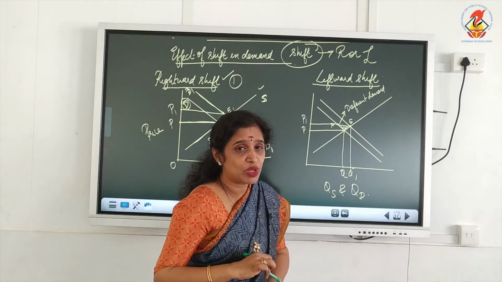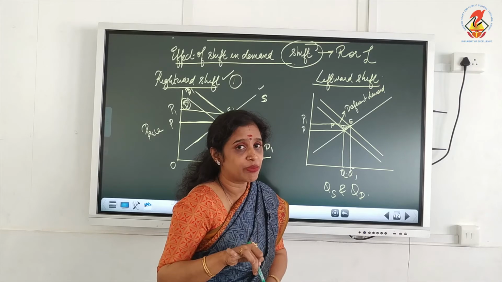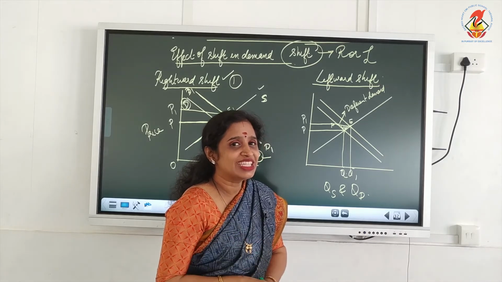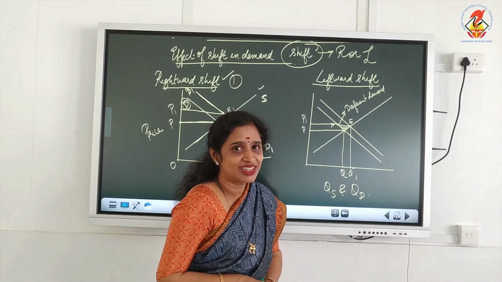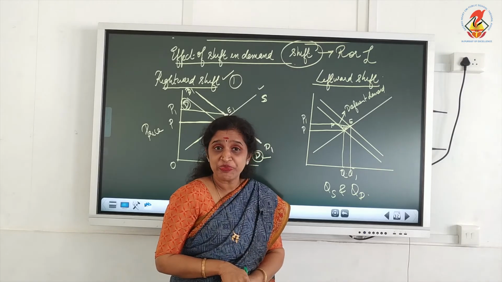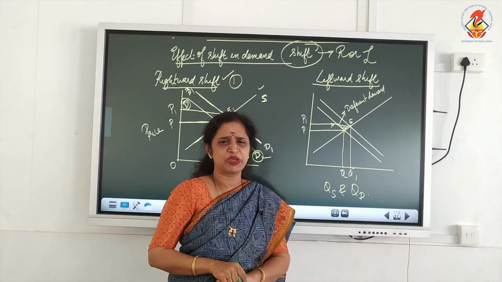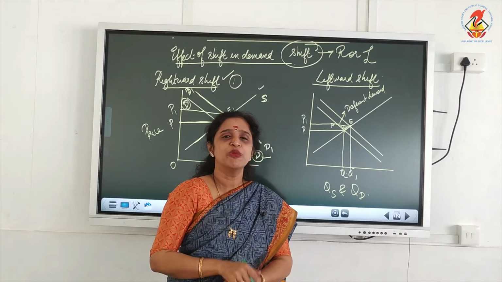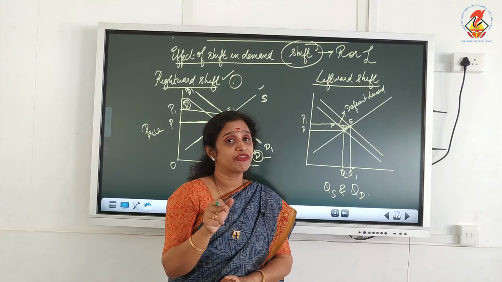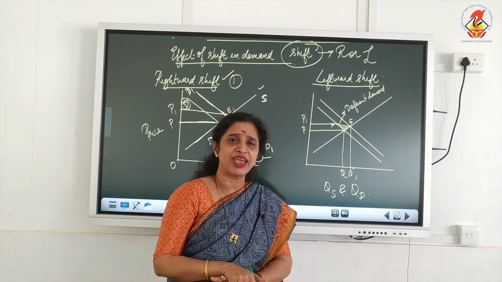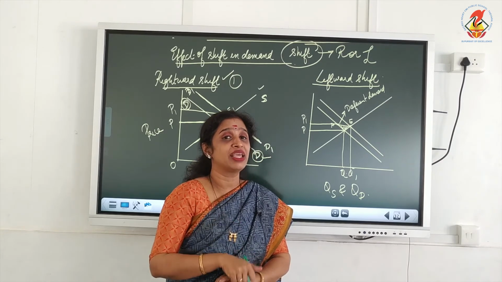So the producers will be ready to meet that excess demand only when the price increases, because people are in need of that commodity. Producers know it very well. So therefore the producers are willing to supply at a higher price than the existing price.